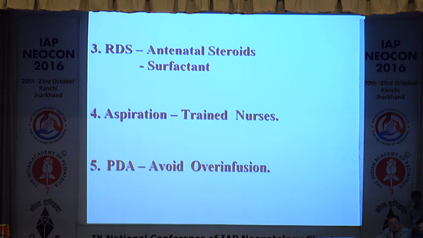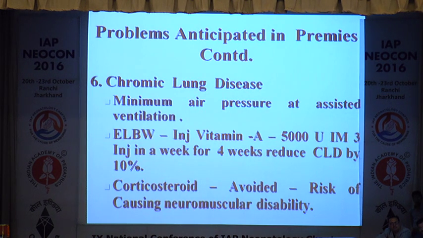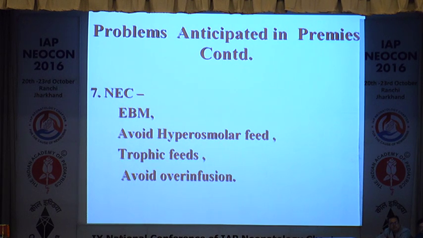PDA should be avoided by avoiding overinfusion, chronic lung disease by use of minimum air pressure in assisted ventilation, PIV should be kept on the lower side, and in LBW vitamin A use has been advocated a lot. Steroids should be avoided for the risk of causing neuromuscular disability.